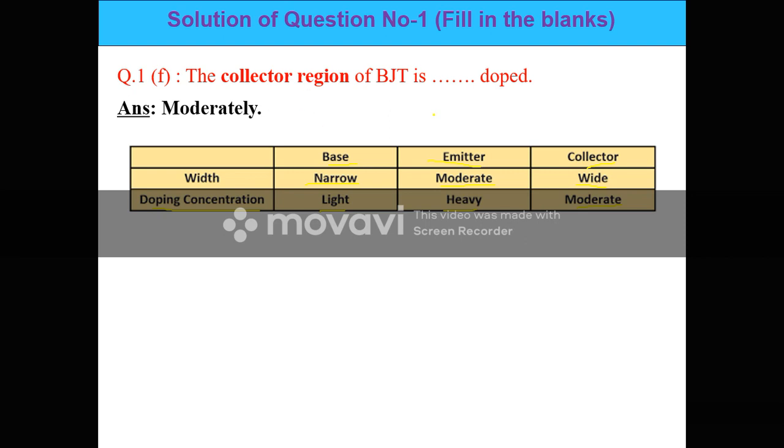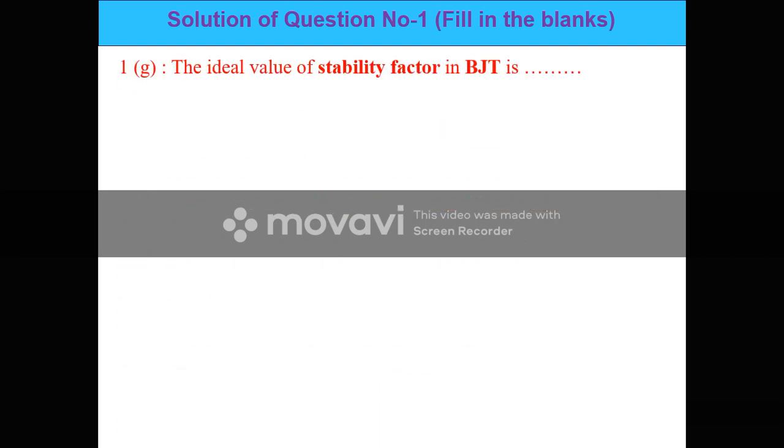Next, the ideal value of the stability factor in a BJT is 1. The formula for the stability factor of the BJT is S equal to (beta plus 1) divided by (1 minus dIB by dIC). In the case of an ideal BJT, this value becomes 0.